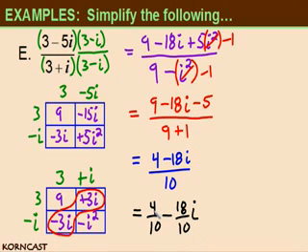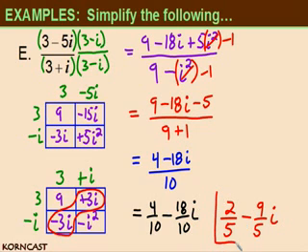So 4/10 reduces to 2/5 minus 18/10 reduces to 9/5 times i. And this is the final answer for the division of our two complex numbers that we started with.